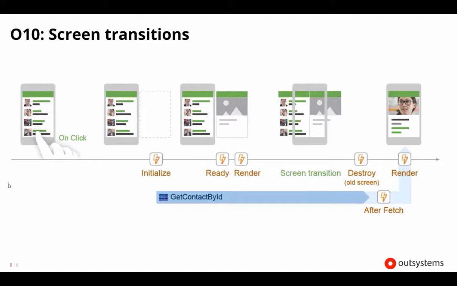It's only after the ready and the first render events get triggered and the first screen state is rendered that the animated transition starts, as you can see here. Once the transition ends and the previous screen is invisible, its DOM gets destroyed and the destroy event is fired. Then the new screen continues its life cycle independently.